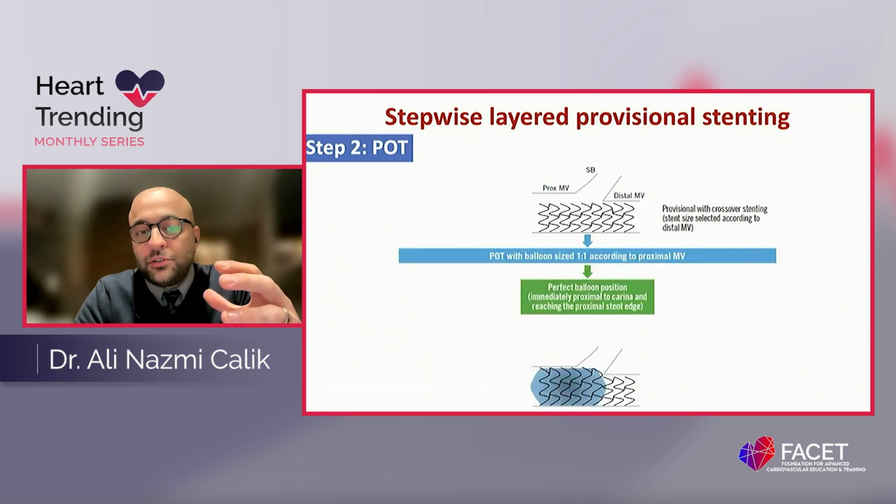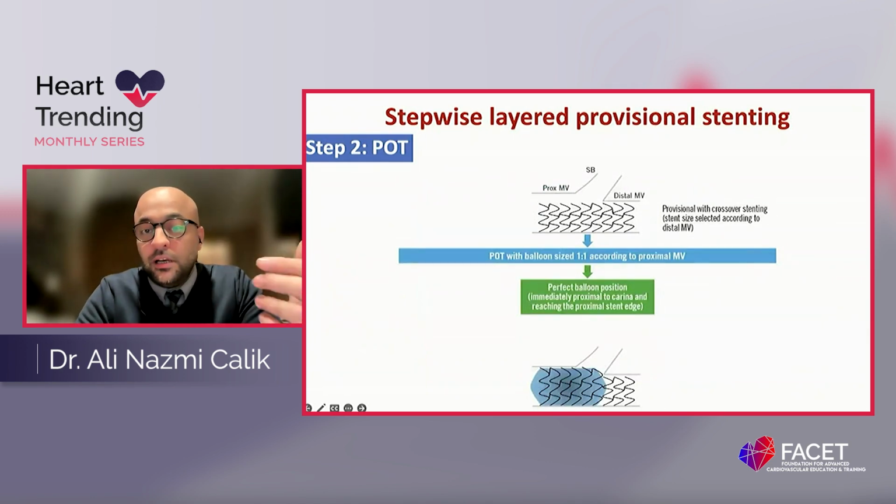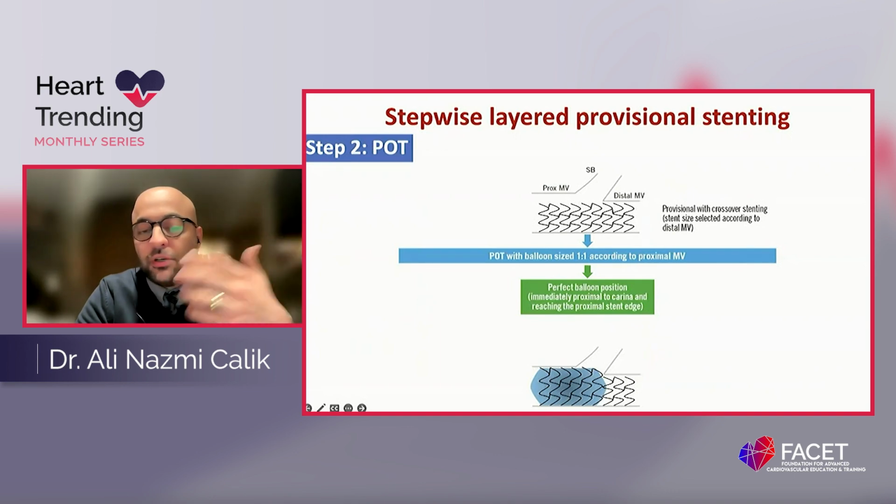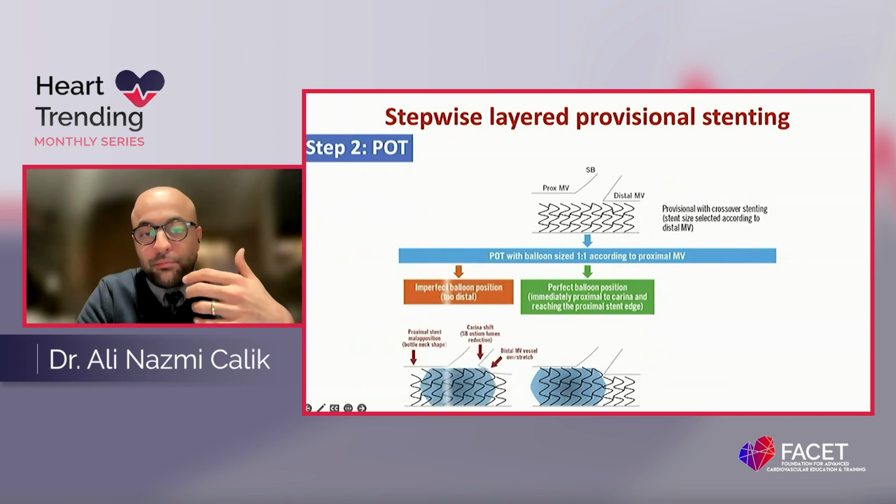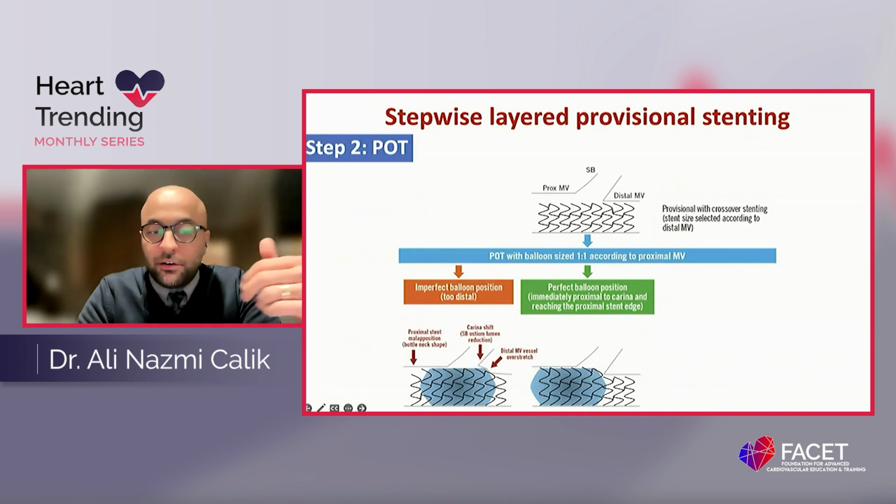And of course, how do we efficiently perform a POT? At the distal carina level, we should perform our POT. If we do it more distally, you can just cause a carina shift, as I mentioned in my previous slide.